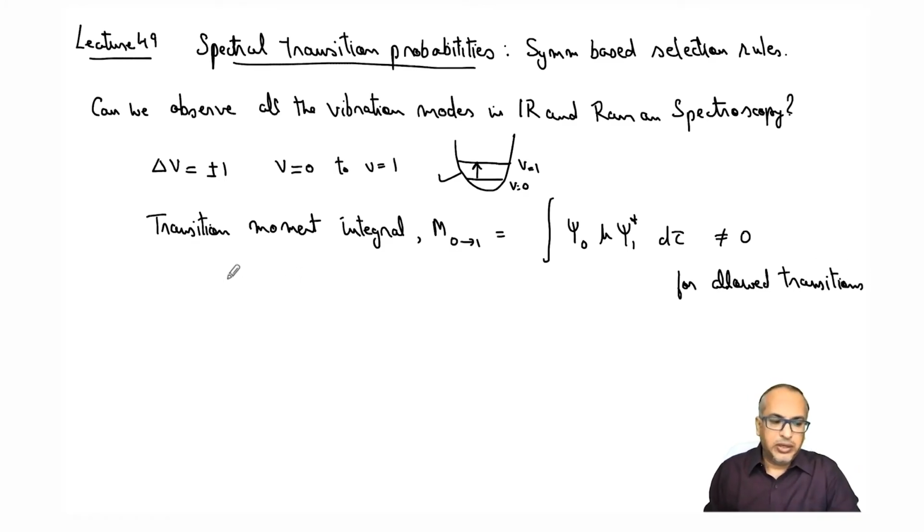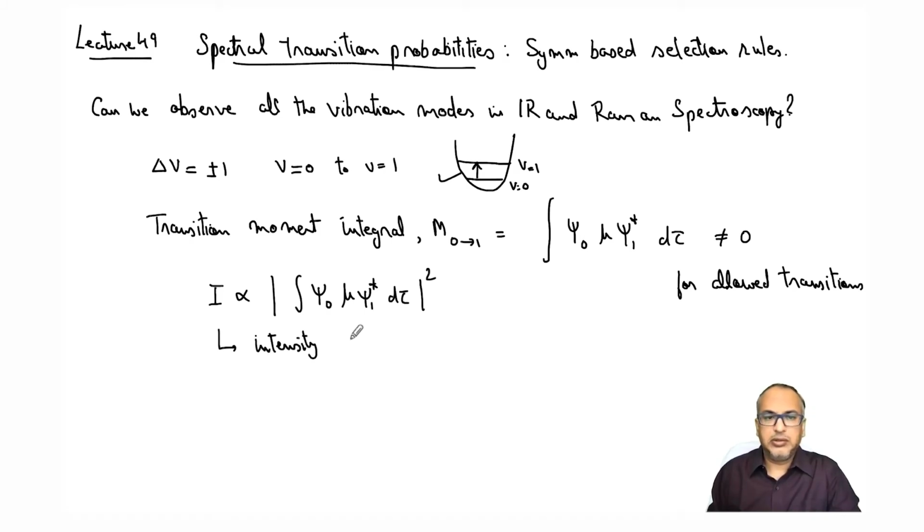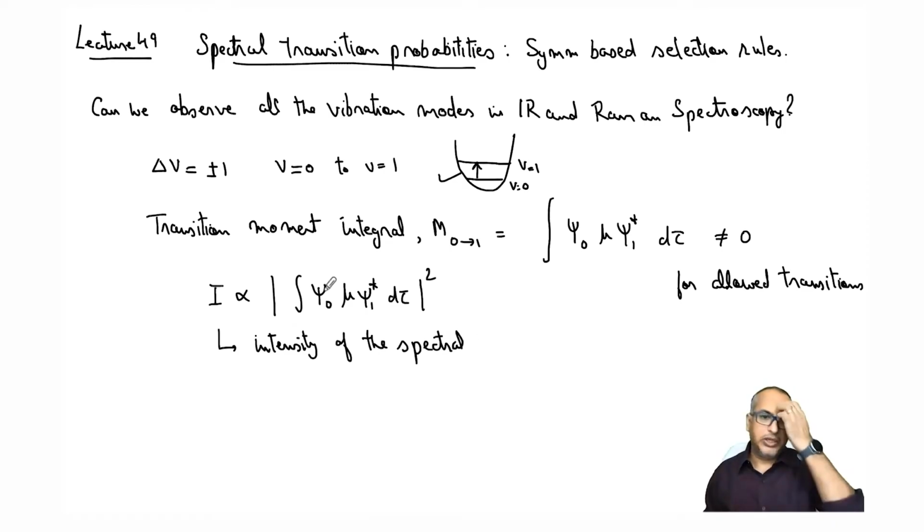Now the intensity of the spectral line will be proportional to the square of this integral mu. But of course you need to know the exact form of these psi wave functions, which we'll also discuss today.